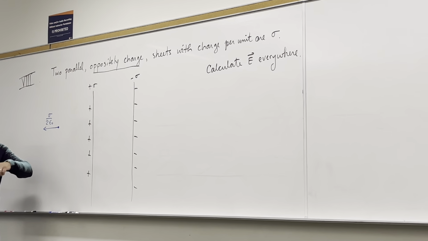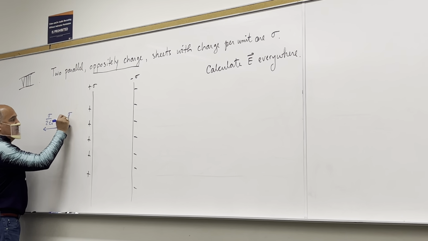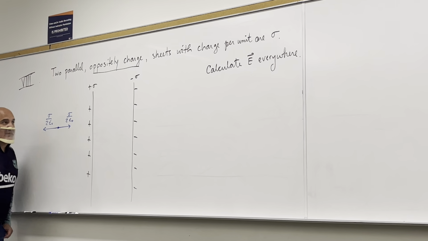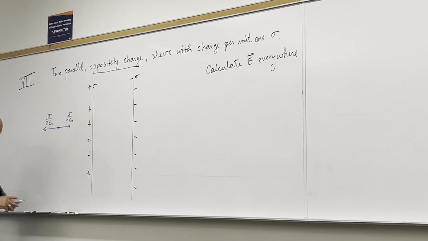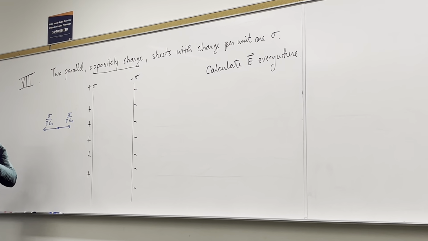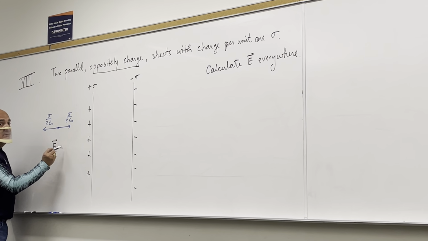If it's negative, it's towards it. So it's this way. And it's sigma over 2 epsilon naught. That's the magnitude. Because I gave them the same magnitude sigma, except that one is positive, the other one is negative. What will you get when you add these 2 vectors? When you superimpose these 2 vectors? You're going to get? Exactly.